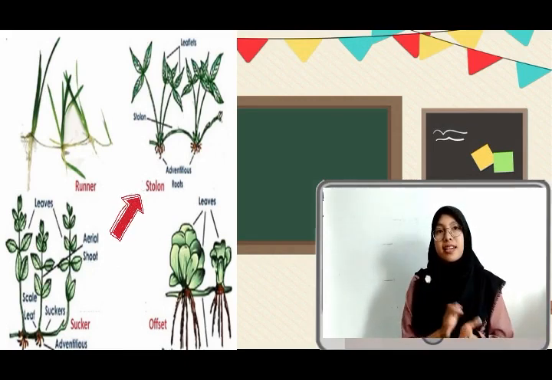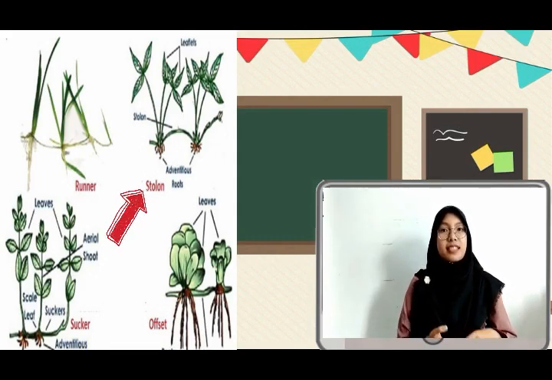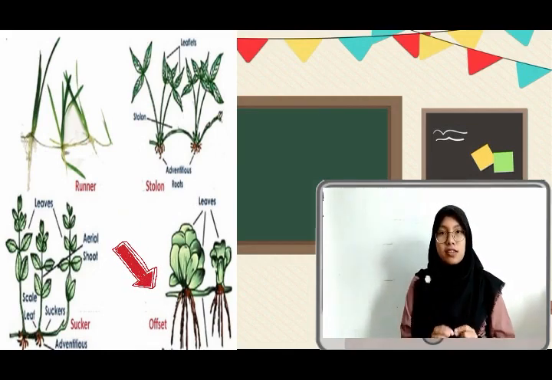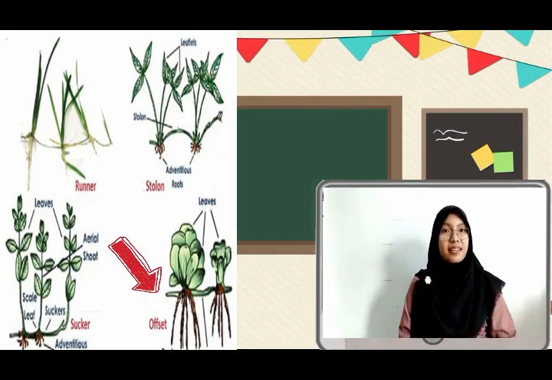Stolon grows aerially for some time and then bends downwards to touch the ground. Stolon rises from the base of the main stem. The example is jasmine. The fourth is offset. Offset is a stem that is shorter and thicker and is found in aquatic plants. The example is pistia.